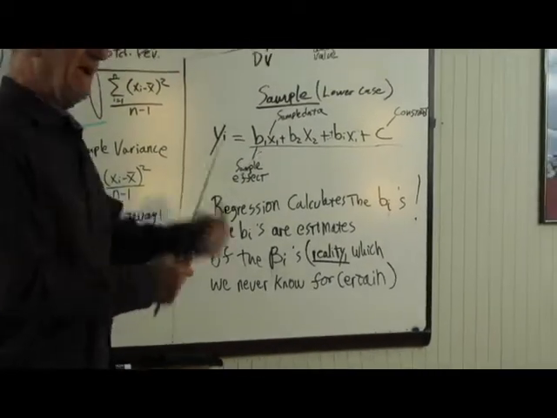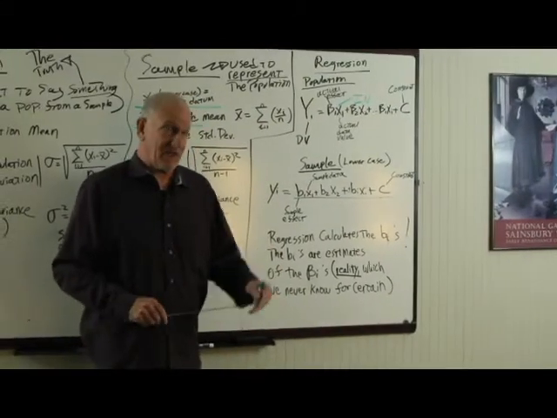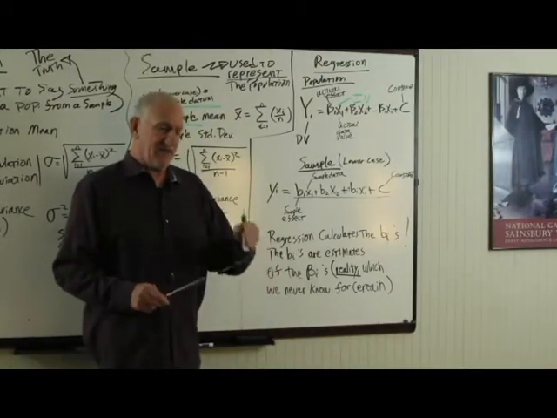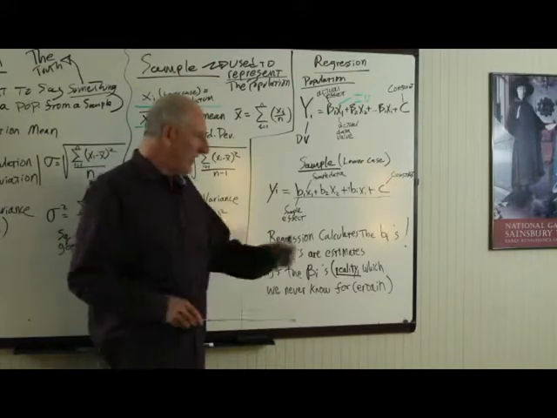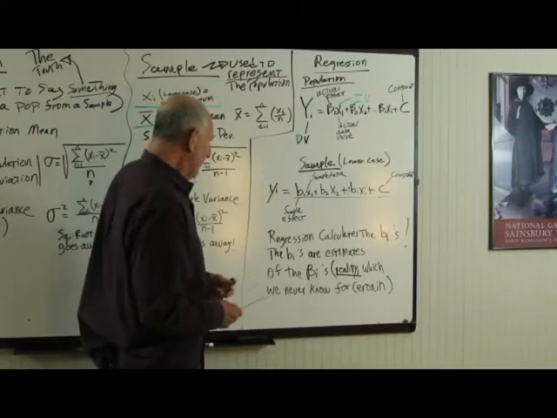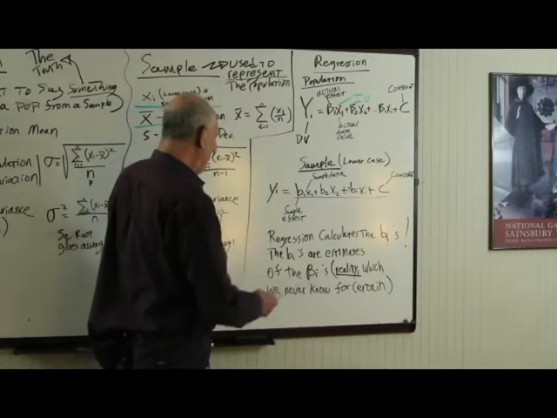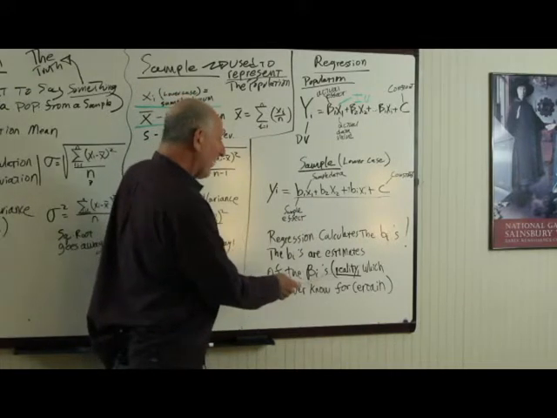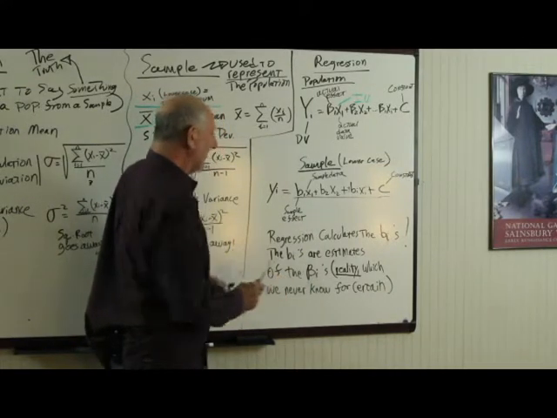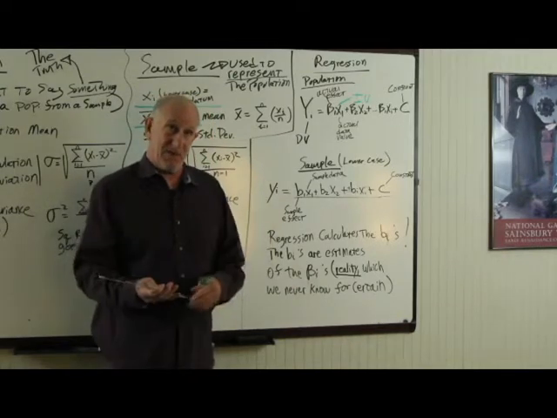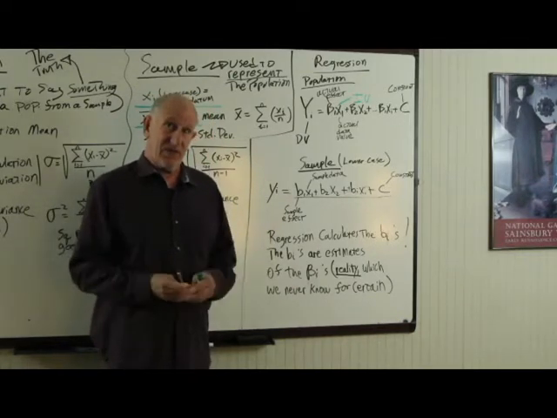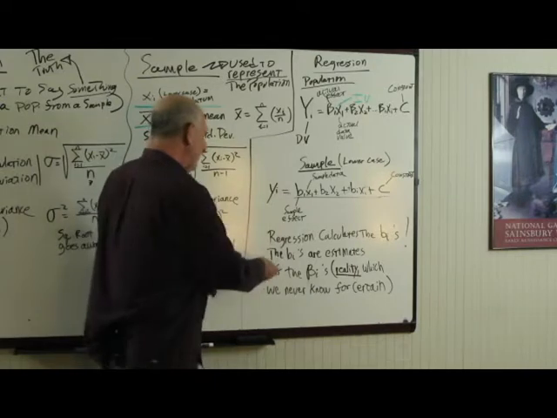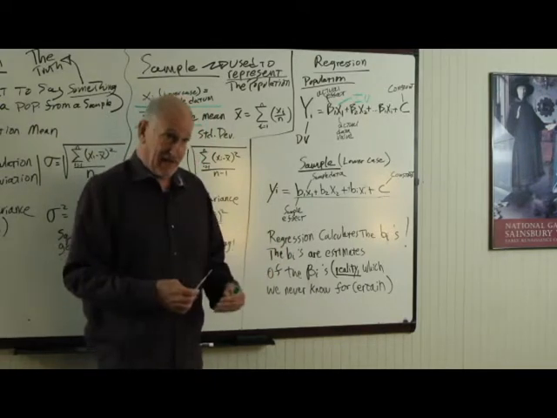So the goal of regression is to calculate the different effects of the different variables on your outcomes. Again, regression calculates the bi's, and the bi's are estimates of the beta i's. The beta i's are reality, which we never really know for certain. Via the bi's, we estimate the beta i's.